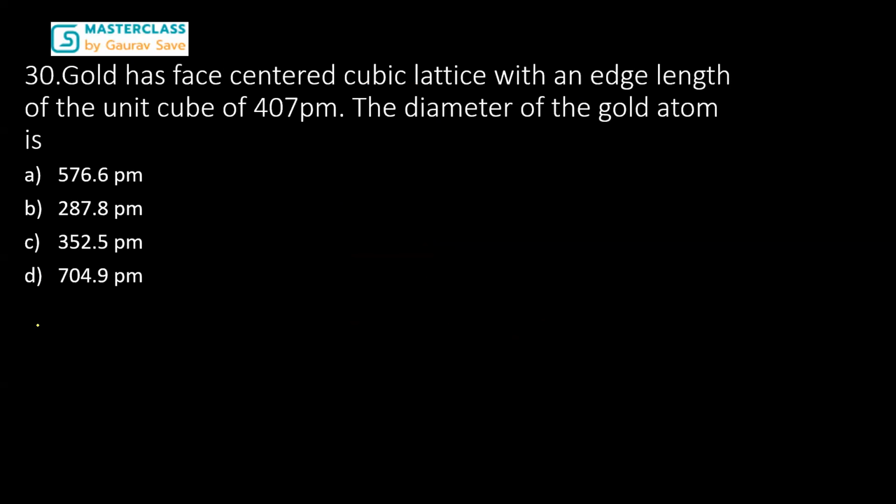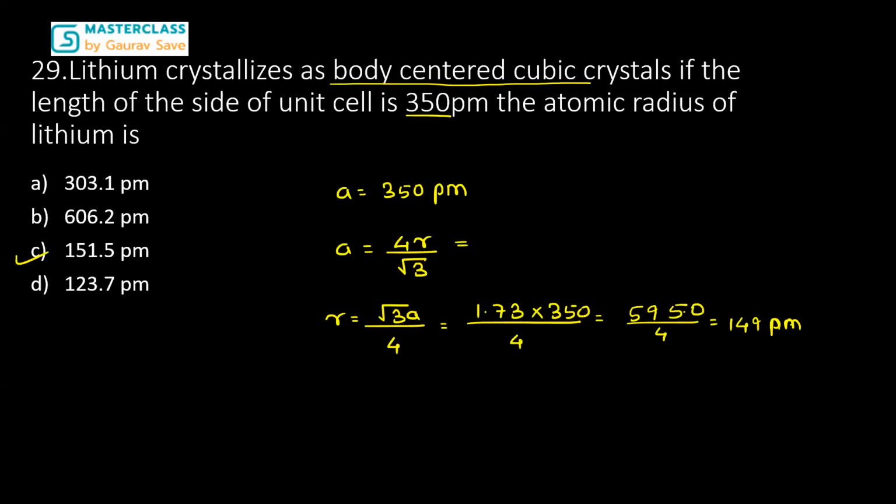So the correct answer is C. Now guys, remember this, our answer will not match exactly, because rather than taking 1.73, we have taken 1.7. So hence the answer is not exactly matching, and we have decreased this value, hence our answer is smaller compared to the original answer.